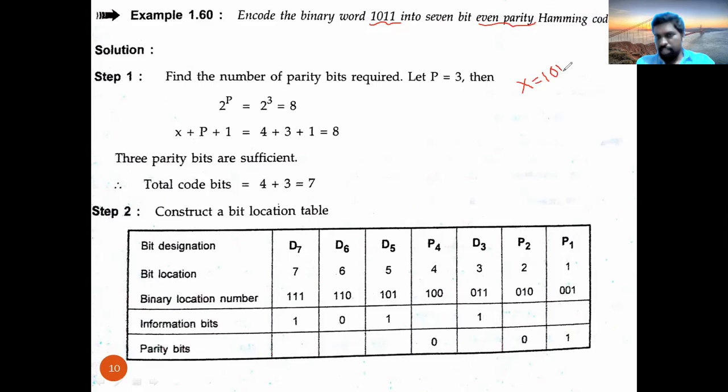So how many bits are there here? 4 bits. So the value of x equal to 4. So by using this formula, what is the formula? 2 power p greater than or equal to x plus p plus 1.